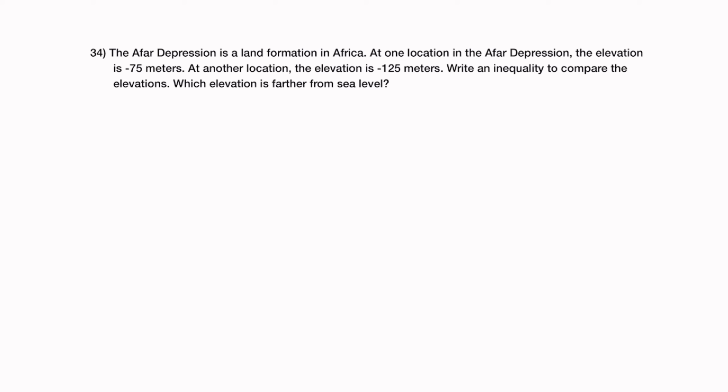Let's read this. The Afar Depression is a land formation in Africa. At one location in the Afar Depression, the elevation is minus 75 meters. So it's minus 75 meters. I'm writing it down while I am reading. At another location, the elevation is minus 125 meters.